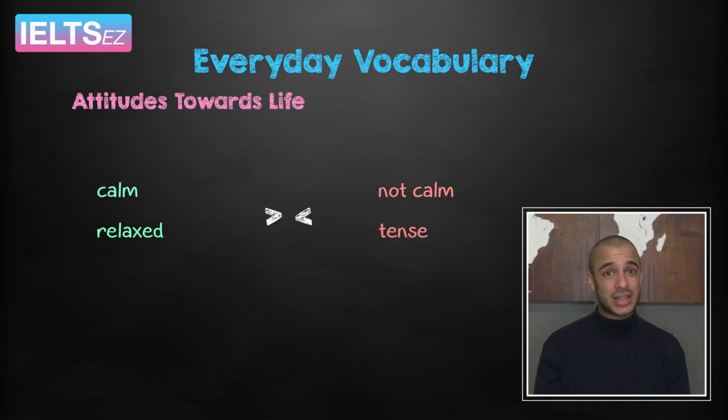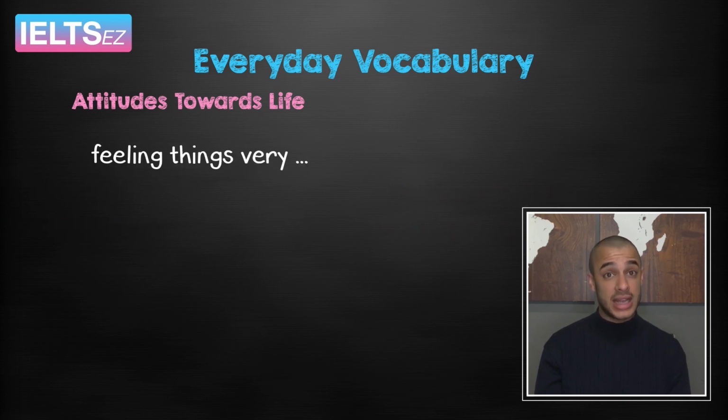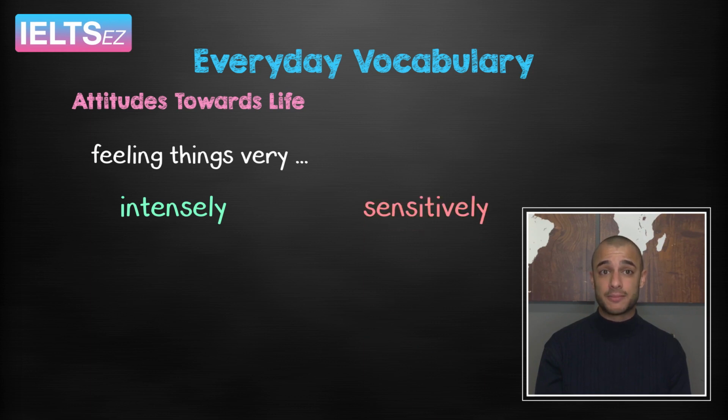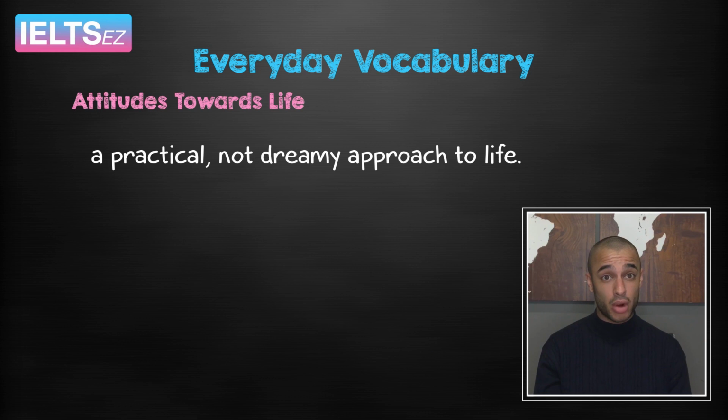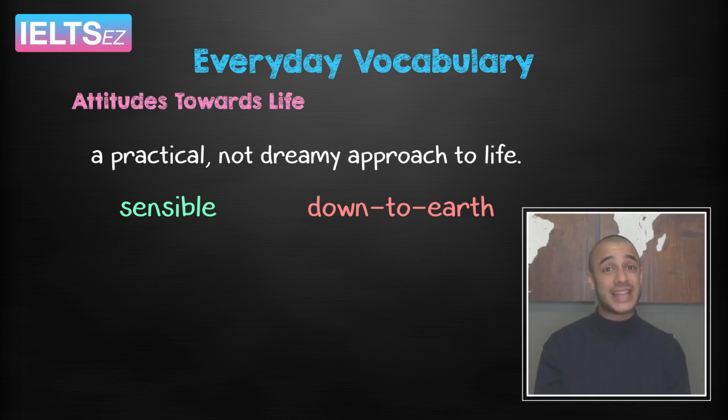Remember to voice those word endings, relaxed and tense. The next one is feeling things very intensely or sensitively. Finally, a practical and not dreamy approach to life. This means sensible or down to earth. Do you know anyone that is down to earth?